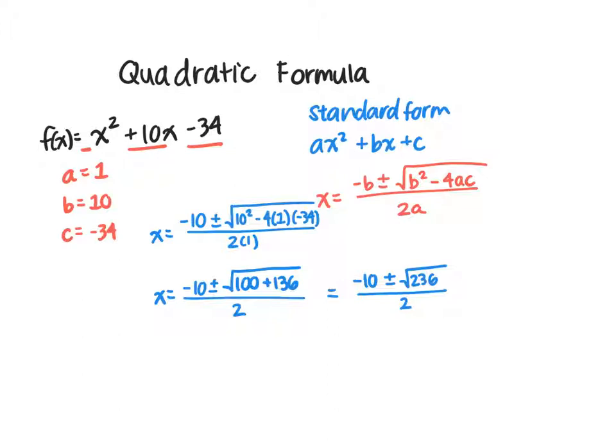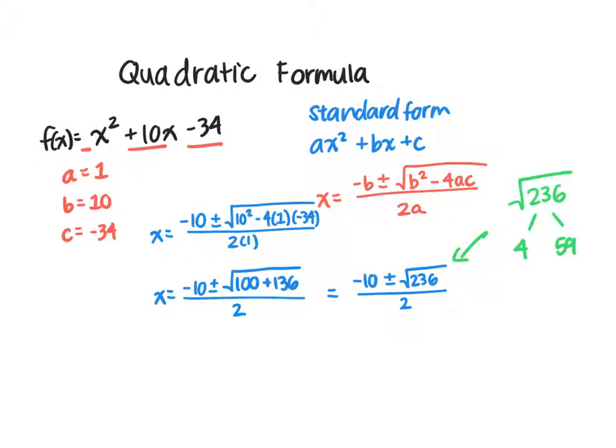We can go ahead and look at radical 236. If you would like, you can just plug that into your calculator. If you would like to leave it in radical form, that's totally fine. I just ask that you simplify it. So if we're looking at radical 236 and we would like to simplify it, you guys can look at the simplifying radicals video to review this, but we know that 59 times 4 is 236.